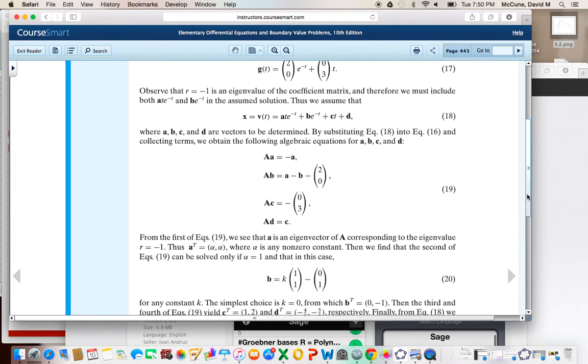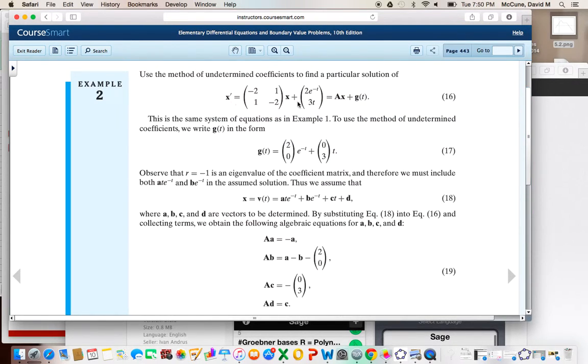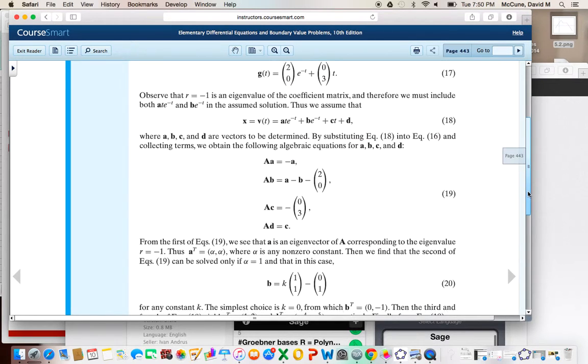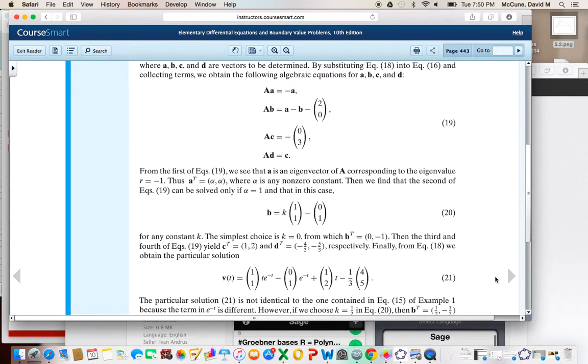The way you determine them is by plugging back into the original equation, grouping like terms, making comparisons, and then filling in what those constants have to be after making those comparisons. Okay, so again, if any of this confuses you, please let me know, preferably via email as soon as possible, but if that's not possible, then on Friday in class.